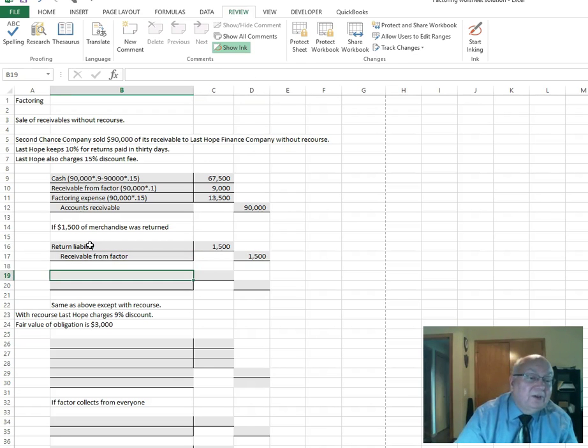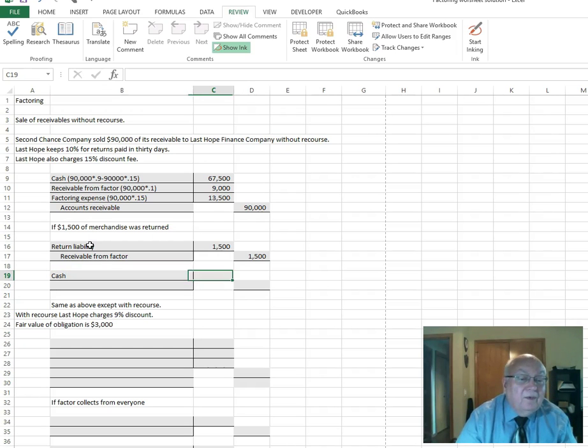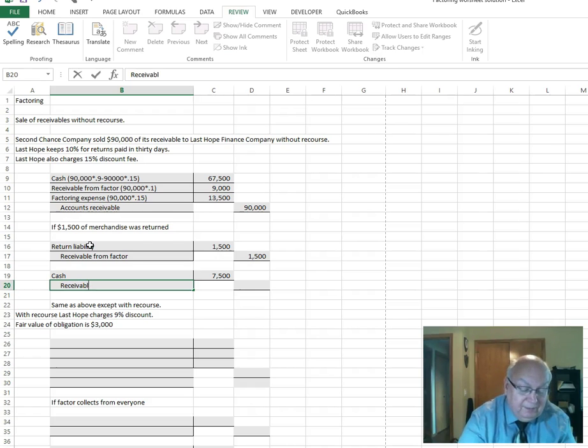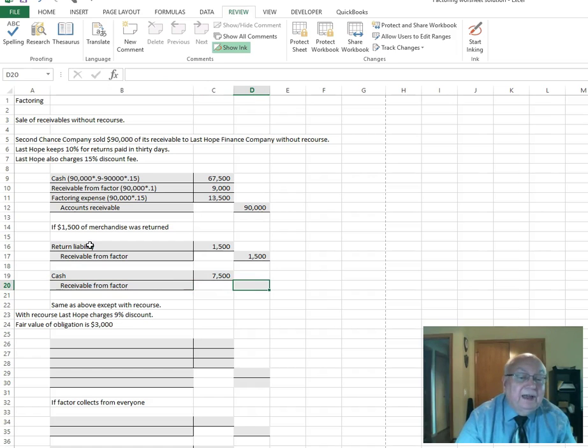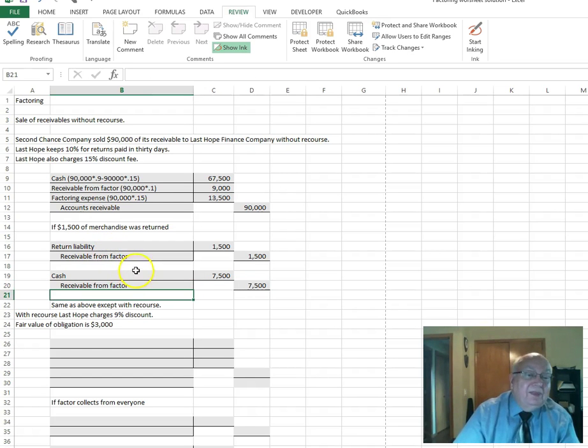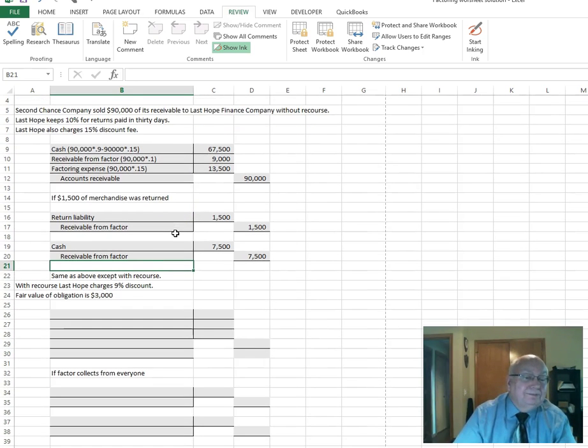And then if nothing else is returned, then you would get the cash for $7,500, which is the $9,000 minus the $1,500 for the returns, and then you credit receivable from factor for $7,500. Sorry. Okay. This is without recourse. If they don't pay, that's the factor's problem.